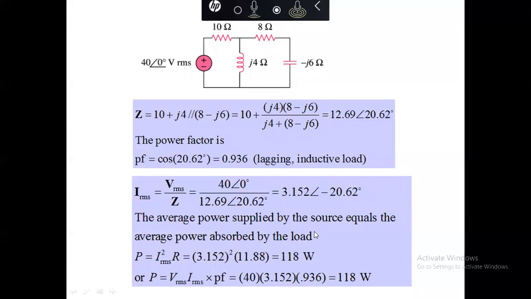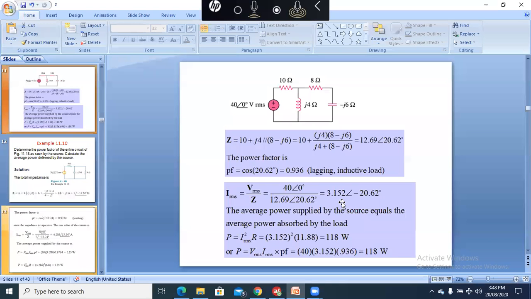So you can take this value as 118 watt, and also you can calculate this value from VRMS into IRMS into the power factor, and in this way you will calculate the average power absorbed by the network, which is 118 watt.